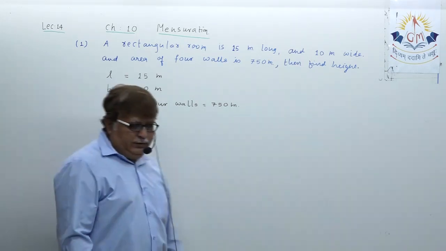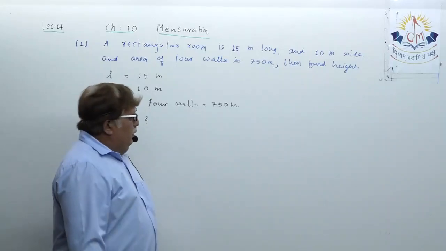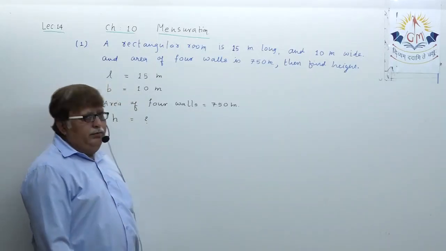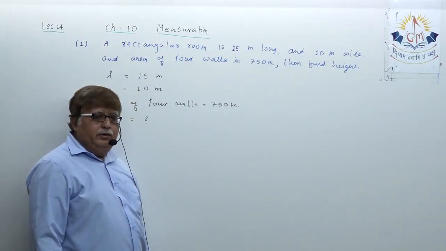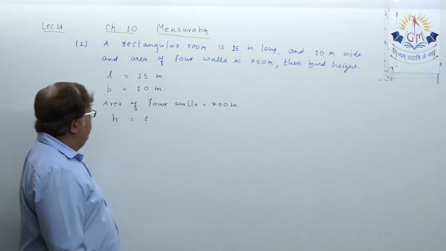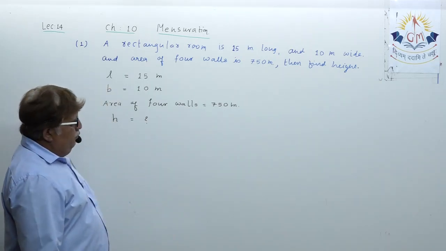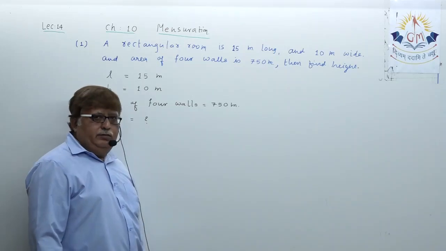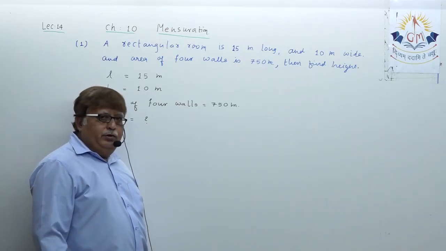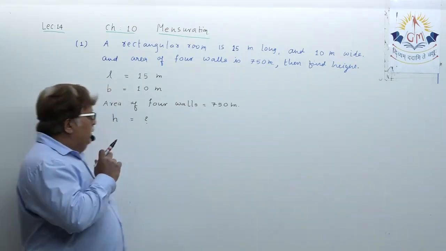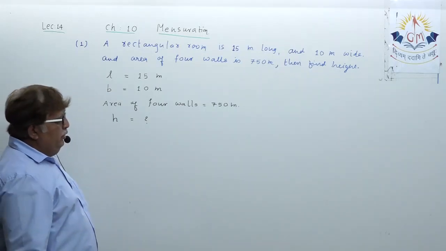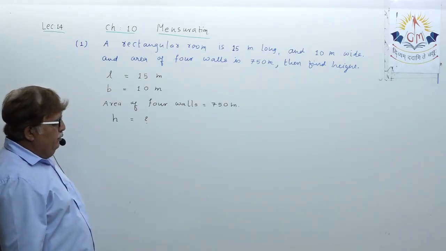First read the data: we are given length, breadth, area of 4 walls 750, and you are looking for height.